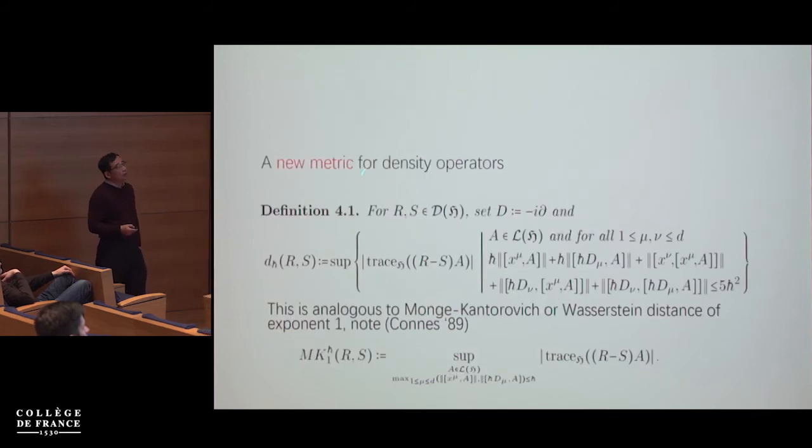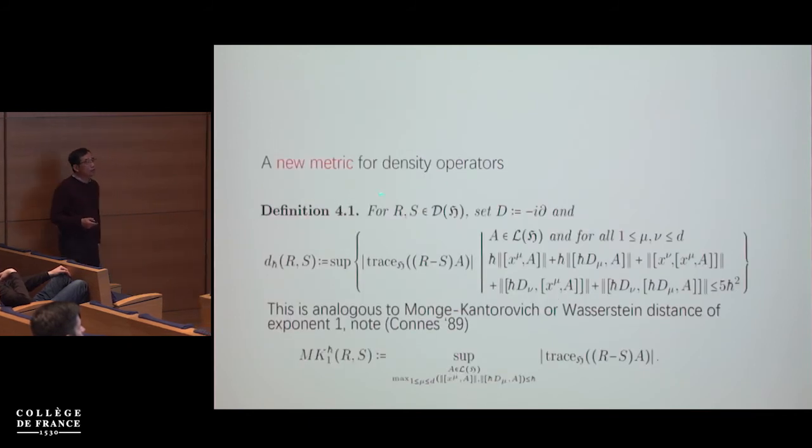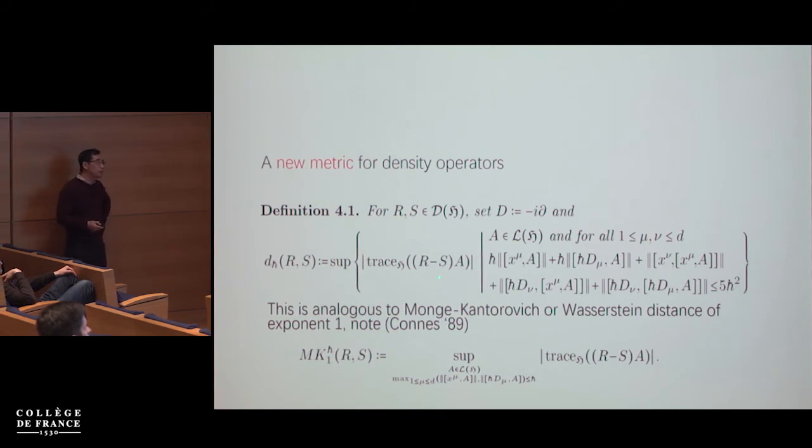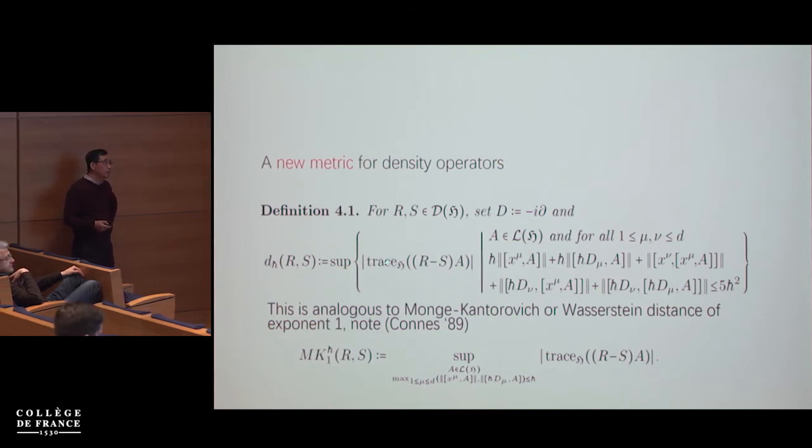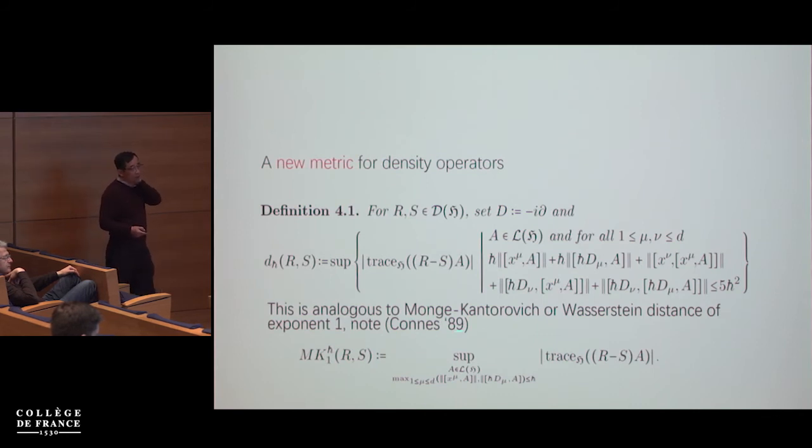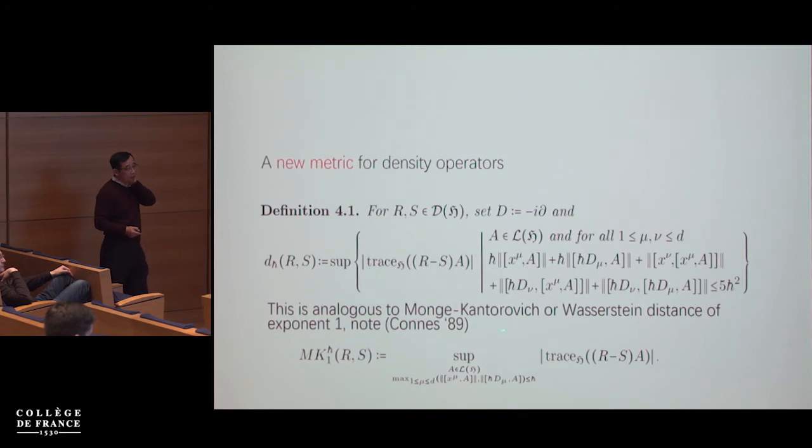So the key contribution in this work is that one has to introduce a new metric for the density operator, which is given here. It looks complicated. It's a trace norm between these two density operators. To motivate it a little bit, it's an analog or extension of the Monge-Kantorovich or Wasserstein distance of exponent 1, which is given here.